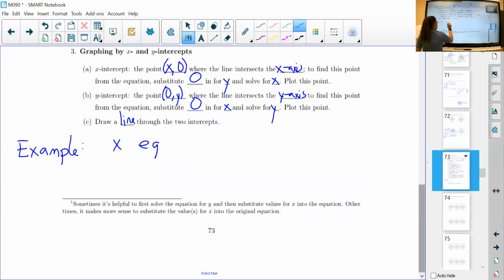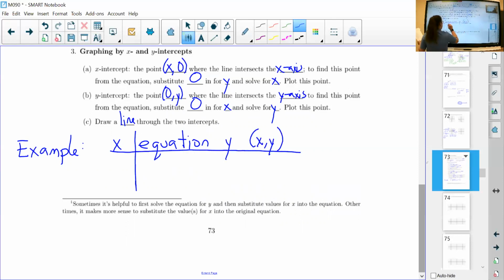X, the equation, Y, and XY. This is what I mean by a 4-column chart. So for example, if I have the equation y equals 3x plus 2, I might plug in a value for x. I tend to start with 0 because that's usually pretty easy.